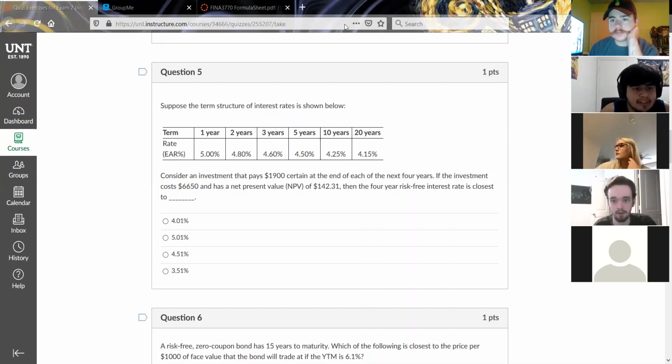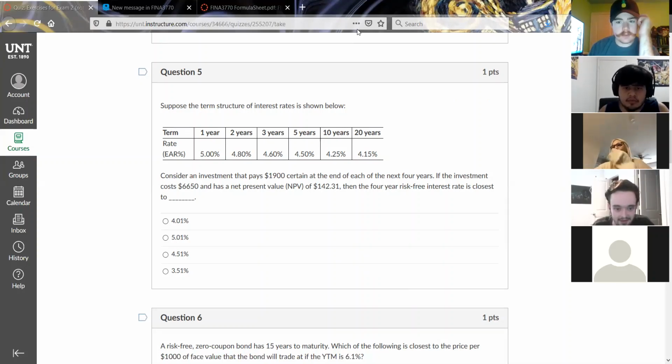Oh wow, yeah. Looking at Quizlet, that is a lot of work. I can kind of try to explain it. So the net present value is your negative investment cost plus 1,900, which is how much it pays each time, divided by 1 plus that interest rate raised to the power of that year.